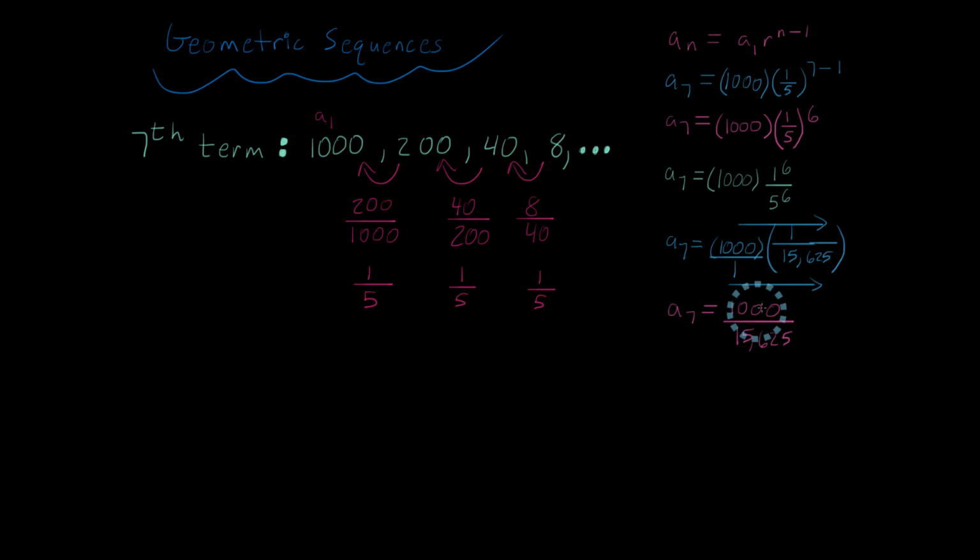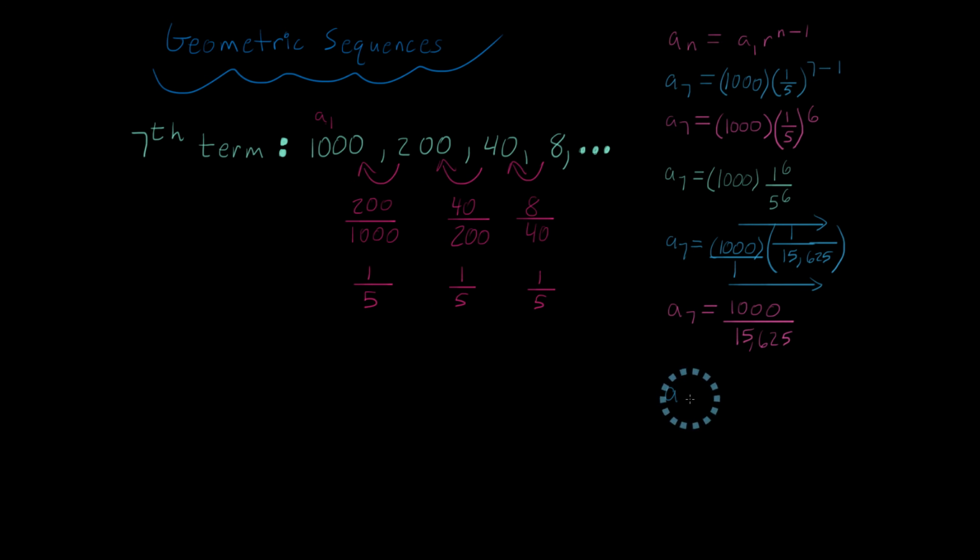And now I can simplify this, dividing both numerator and denominator. You could just divide 1,000 by 15,625 and get a decimal, or you could find a common factor for both of these and divide by that.